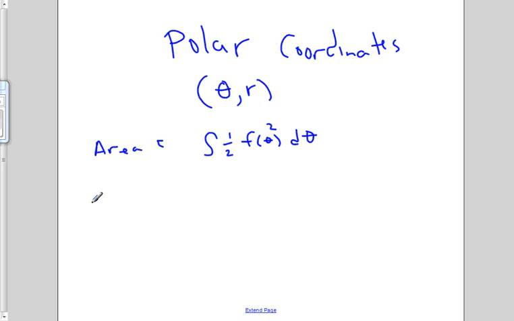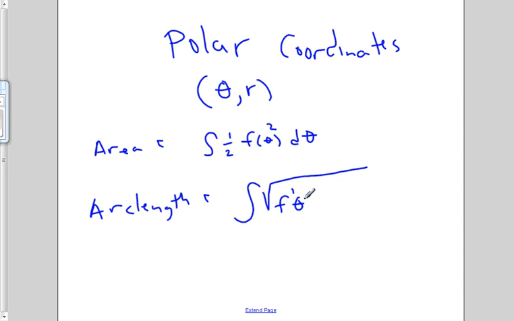And if we want to find the arc length, that's what we just did, it's just the integral of the square root of f prime of theta squared plus f of theta squared d theta. Those are the two main topics. That's it.